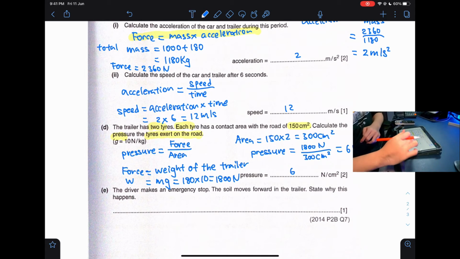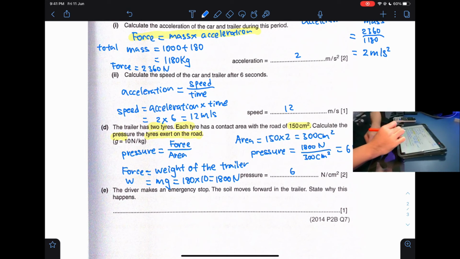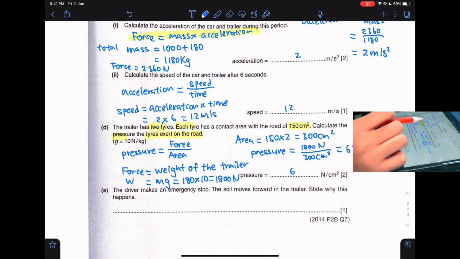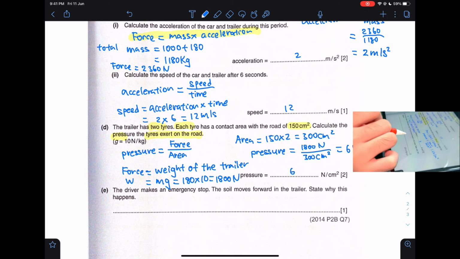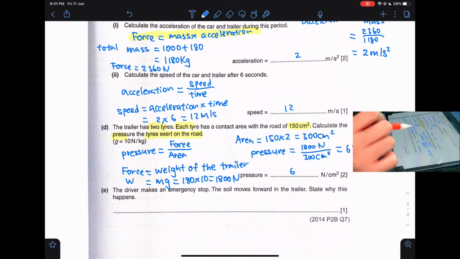So we are on to the final question. The driver makes an emergency stop. The soil moves forward in the trailer. State why this happens.